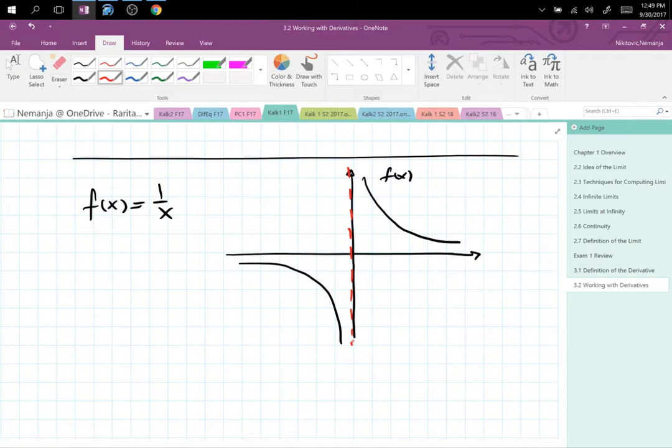So I draw a piece that looks like this. It looks pretty much the same as the original function. How about the second part? Also negative change. Aha, negative change as well. So, also underneath.